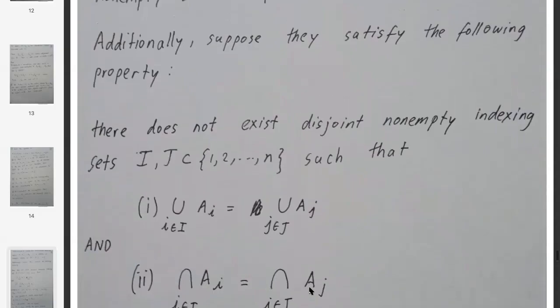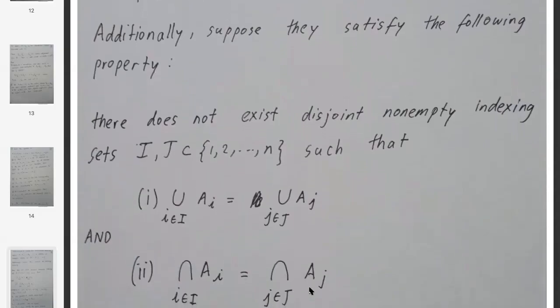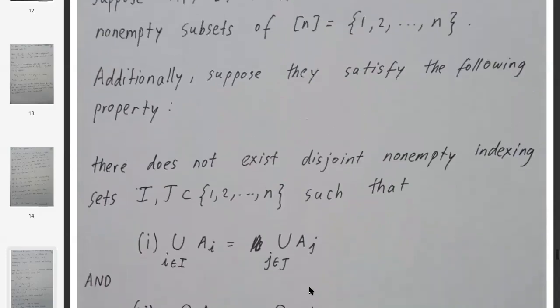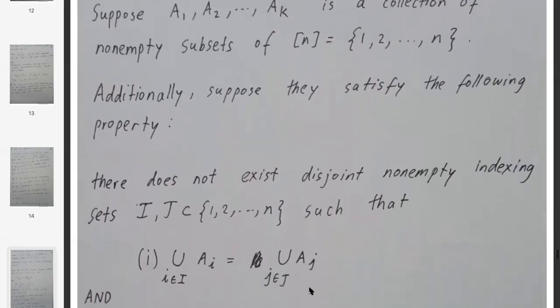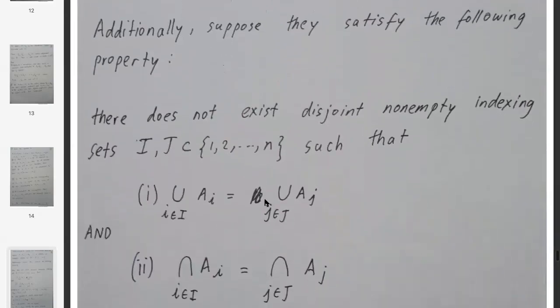Okay. So there does not exist a common partition where both unions are the same and intersections are the same. Okay. So here you expect that k could possibly be larger than for the previous condition, because now we have two conditions which have to be satisfied for our groupings.